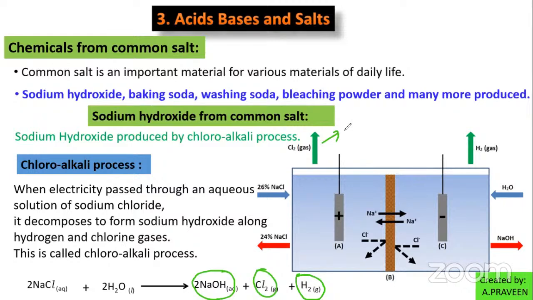In swimming pools, we also use chlorination. In the production of PVC pipes, we use chlorine gas.